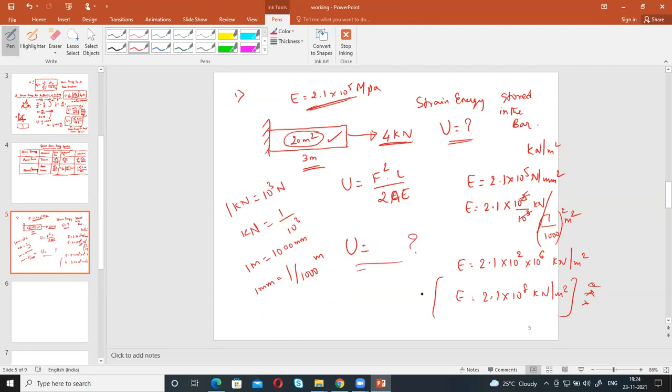Okay. See this conversion, any doubts in this conversion? Generally they will ask, because they know students will definitely make a mistake in this particular part. They will ask MPa, sometimes they will give GPa, gigapascal and all. So any doubts? Okay, I'm not bothering about this answer, but I'm worried about this particular thing.